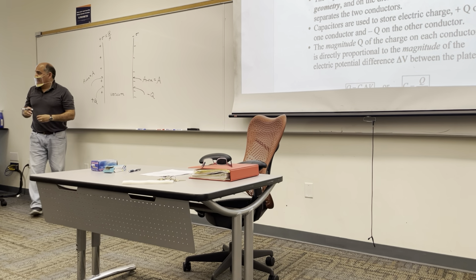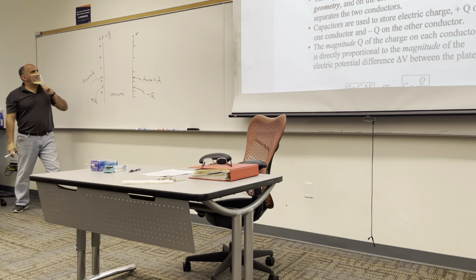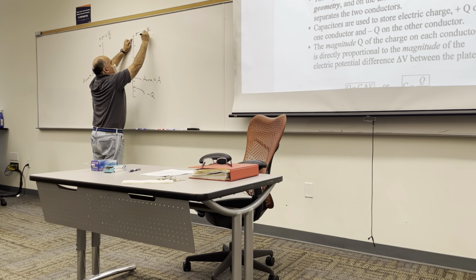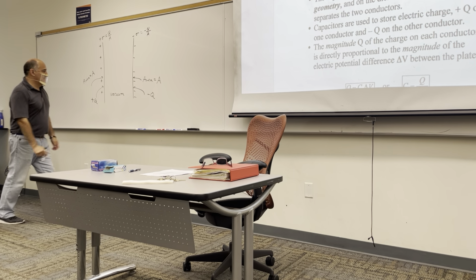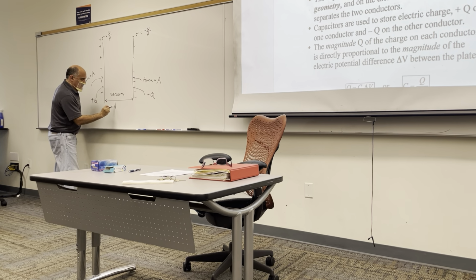That's the charge per unit area. And the charge on this is also going to be minus Q over the area. And let's separate these two plates by a distance D.